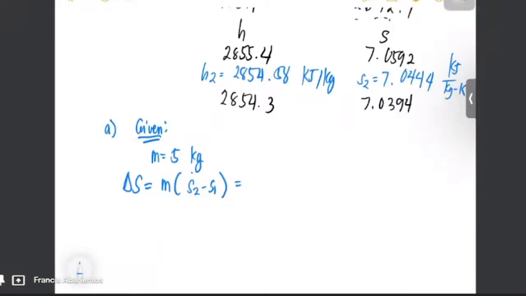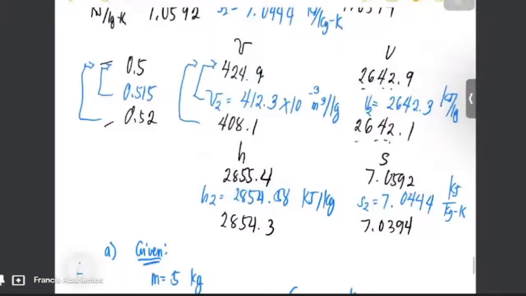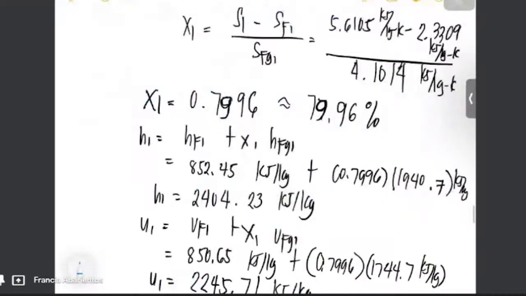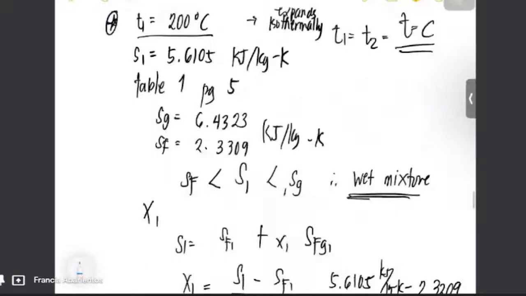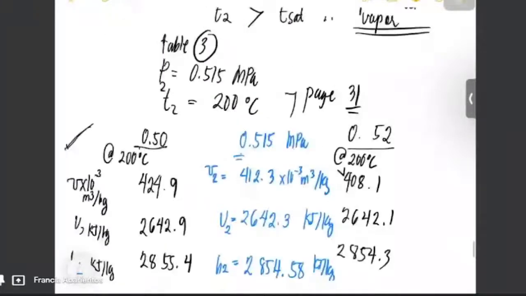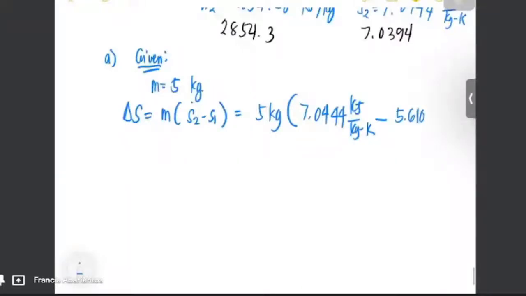What is now the mass? 5 kilogram. What is the entropy at point 2? 7.044 kilojoule per kilogram Kelvin minus the entropy at point 1. Given yon. So we have 5.6105.